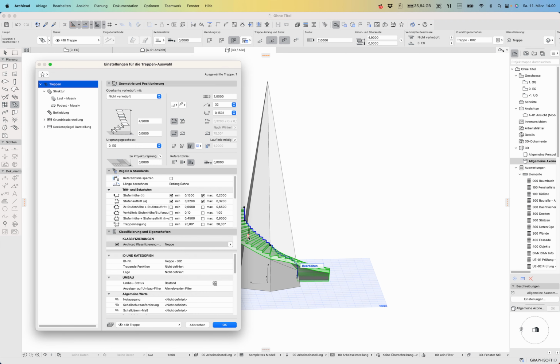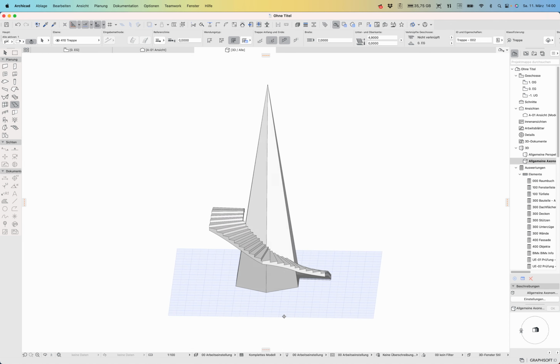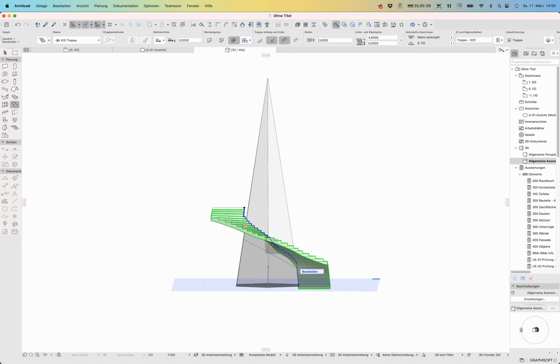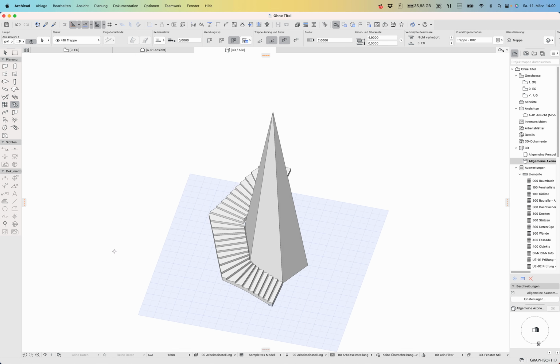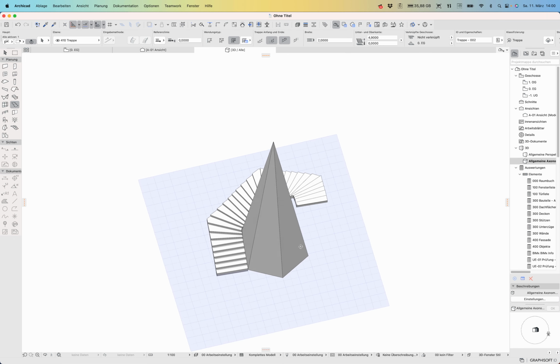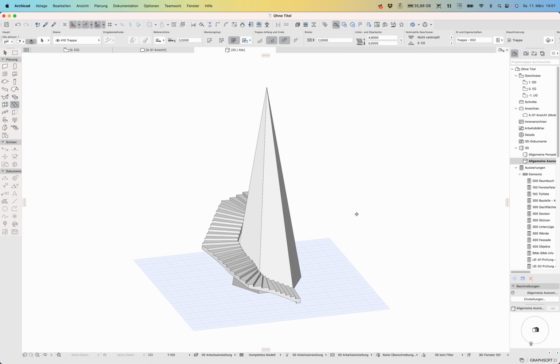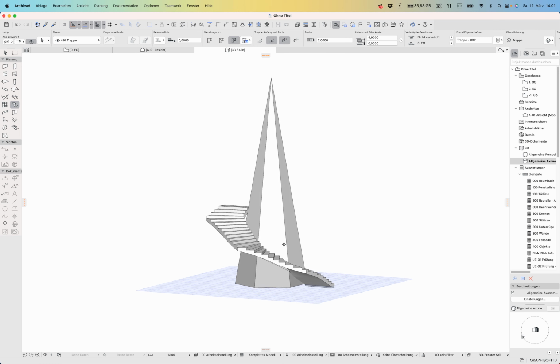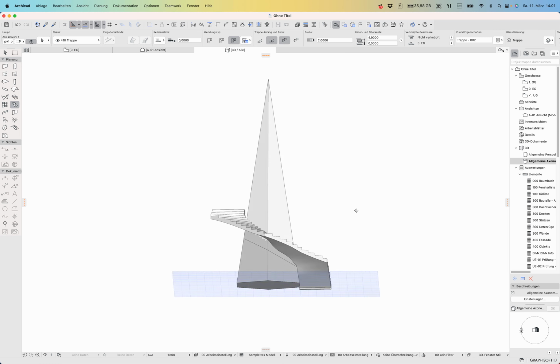No. So the real rising of this is not straight.